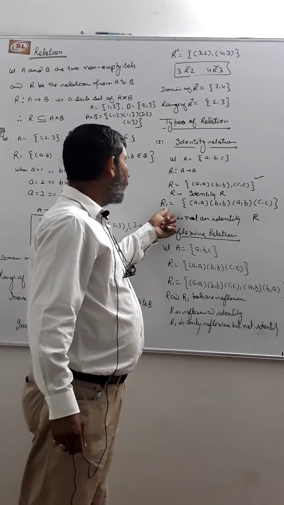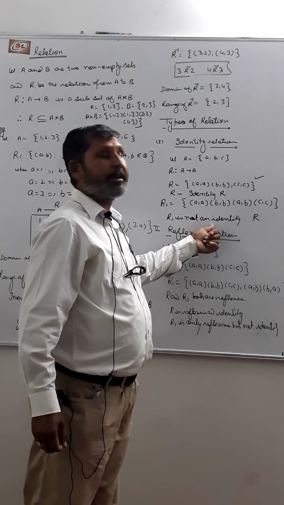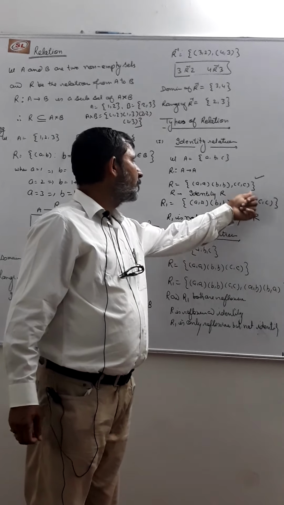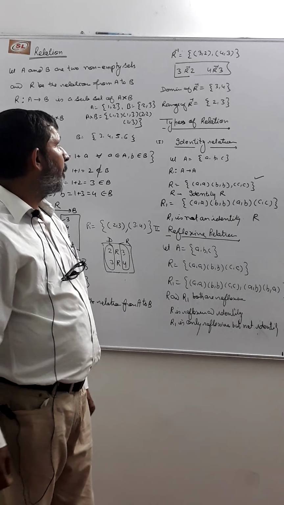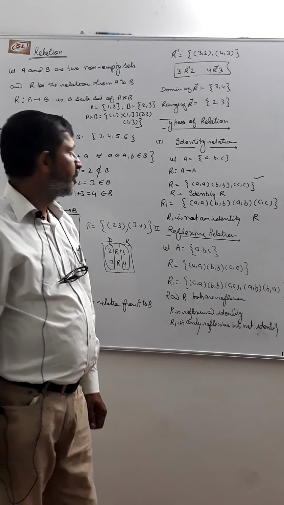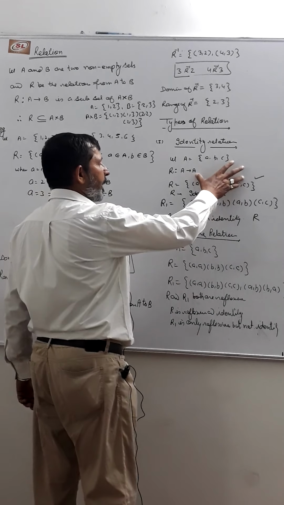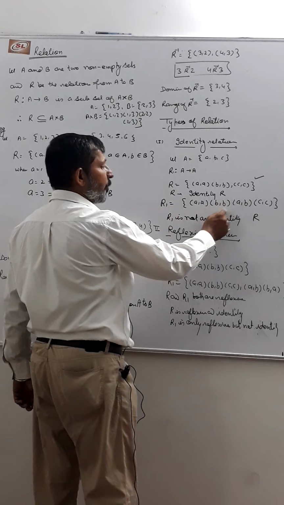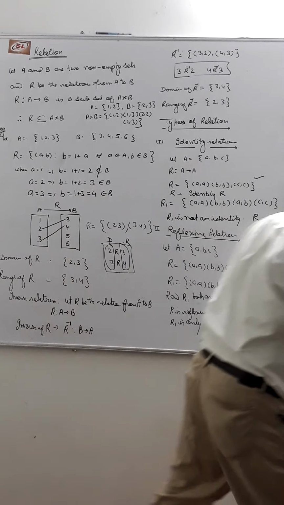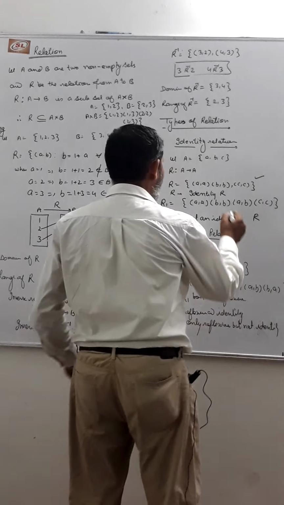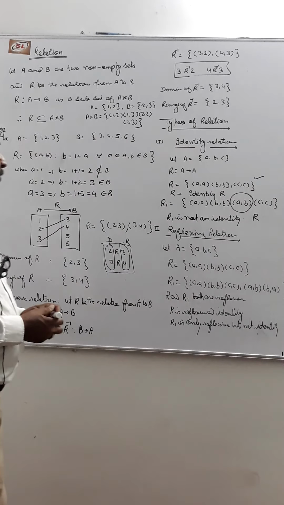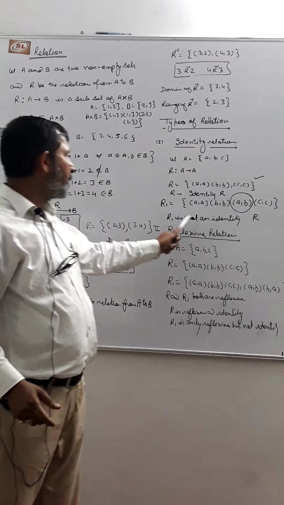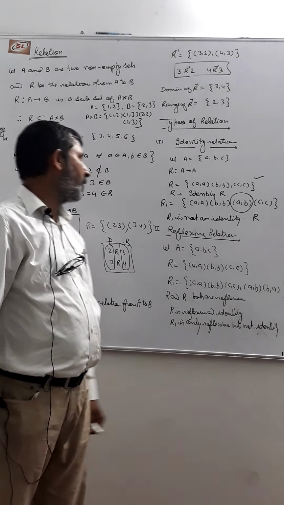R1 is not an identity relation because it contains one more element besides the identity elements, namely (a, b). Therefore, R is an identity relation and R1 is not.